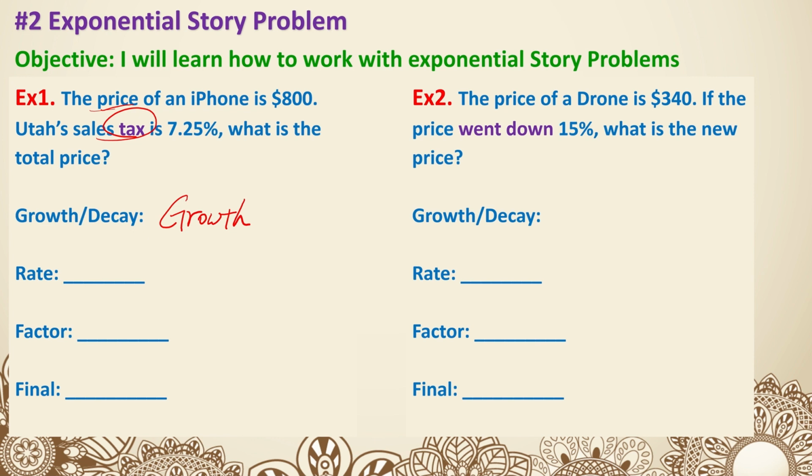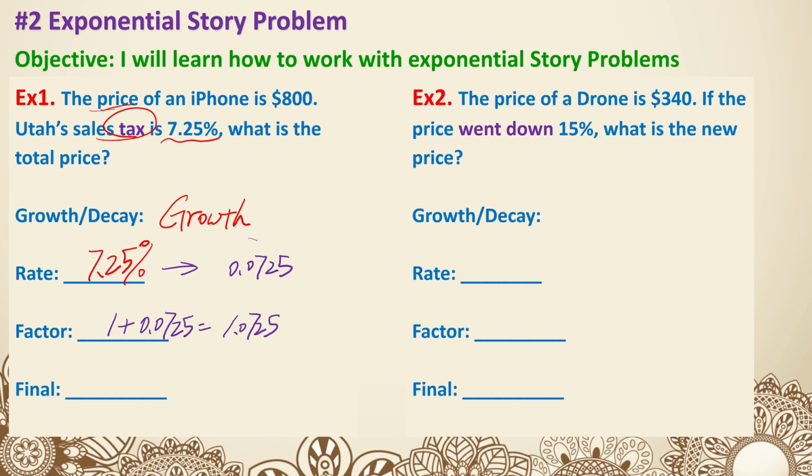The rate is the changed portion, so the rate itself is 7.25%. Now, in order to calculate the factor, we need to change that rate into a decimal, which is 0.0725. And since it's growth, that means the factor is 1 plus 0.0725, which is 1.0725.